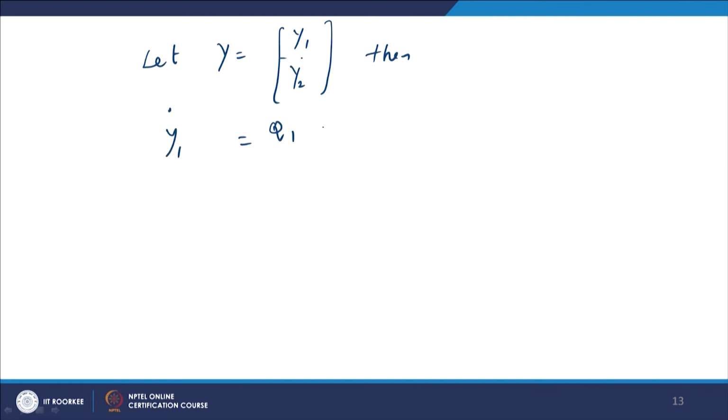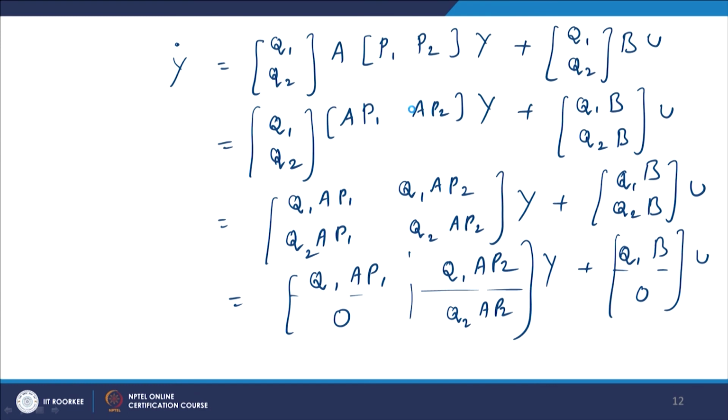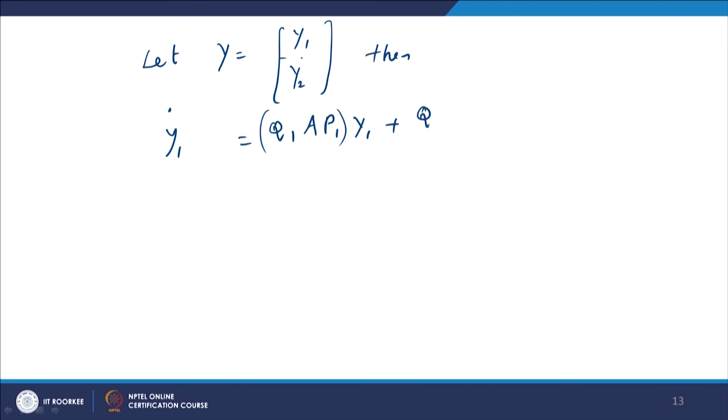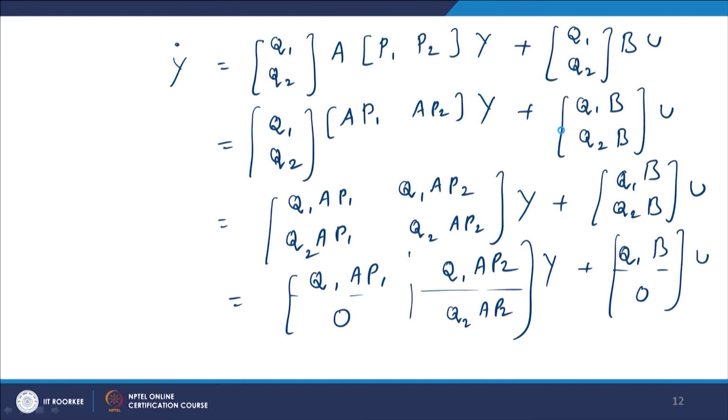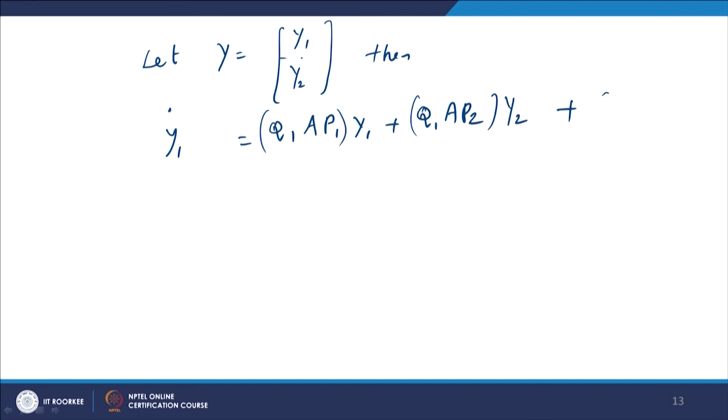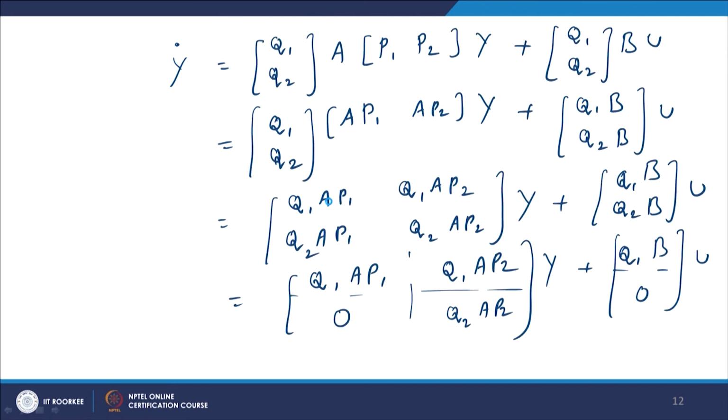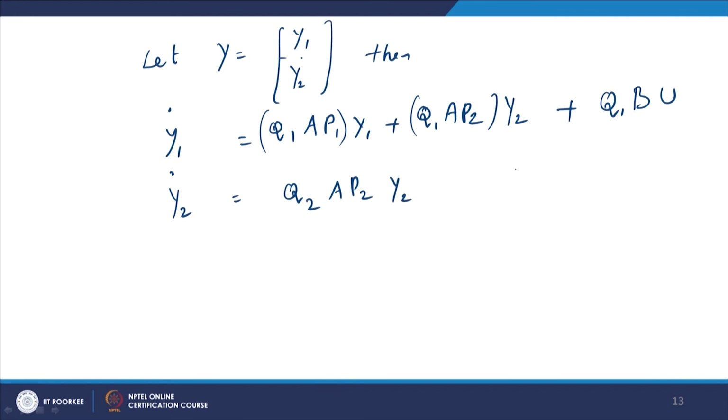So, y1 dot is Q1 AP1 into y1, this matrix, plus Q1 AP2 into y2 matrix plus Q1 B into U. Similarly, y2 dot will be Q2 AP2 into y2 plus 0.